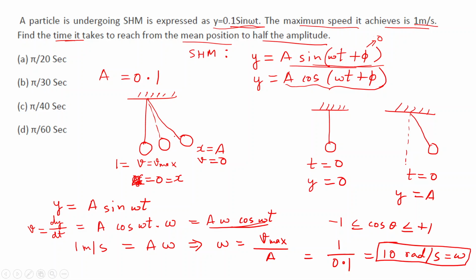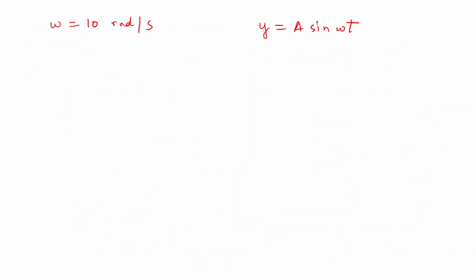So we have to find the time it takes for the pendulum to reach the half amplitude position. We can denote the displacement with y or x, it's fine. So they are asking when the displacement is half of the amplitude, how much time will it take to reach the half amplitude position.